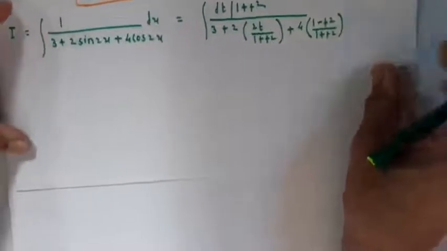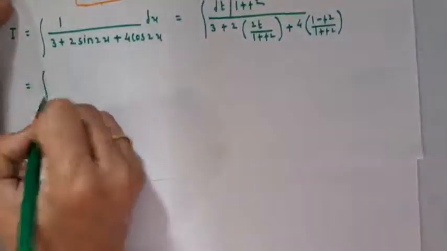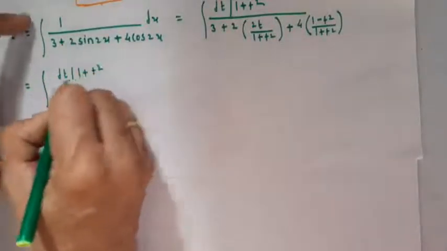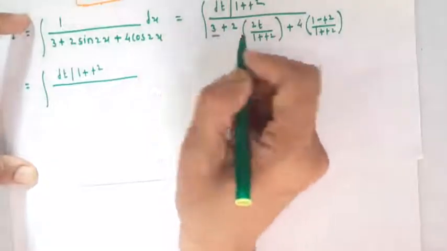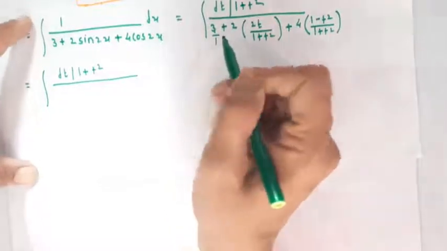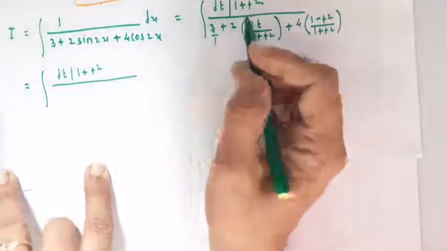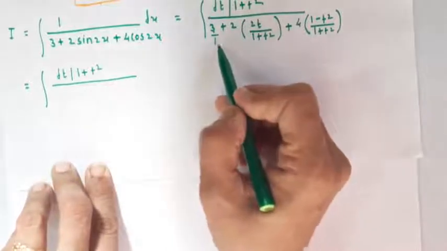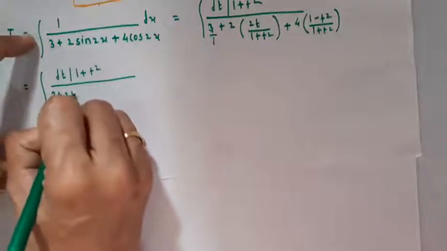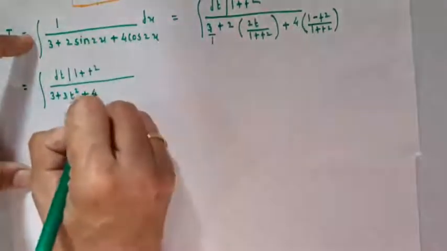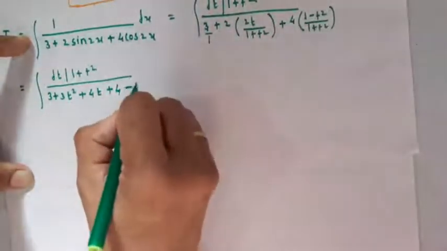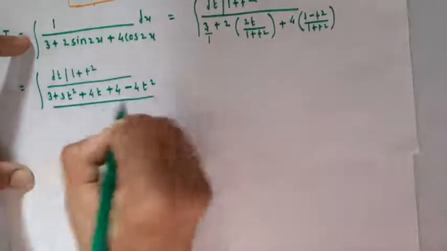Now this is equal to the integration of dt upon 1 plus t square. So take the LCM at the denominator, that is 1 plus t square. Multiply with 3, that is 3 into 1 is 3, plus 2 into 2t is 4t, plus 4 into 1, that is 4, minus 4t square, upon 1 plus t square.